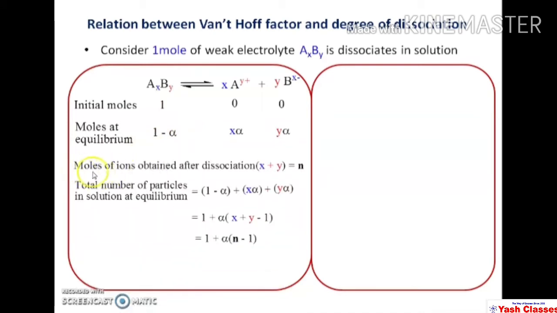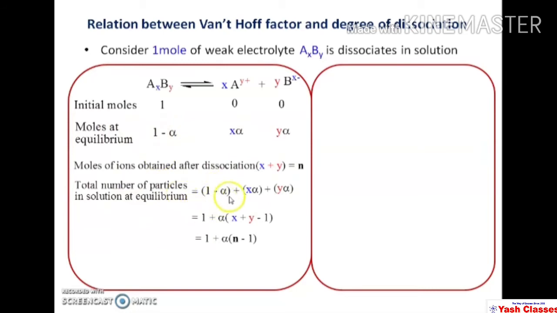Now the total number of moles of ions obtained after dissociation will be x plus y. Actually x alpha moles of cations are formed and y alpha moles of anions are formed, and therefore the total number of ions, that is cations and anions, will be x plus y, that is equal to n. And the total number of particles in the solution at equilibrium is the sum of all these ions as well as undissociated weak electrolyte.